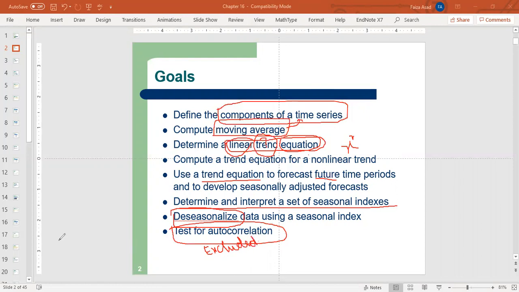In the next semester you will study this test for autocorrelation. It's basically used to test the assumptions of regression. One of the assumptions is that there is no autocorrelation. So, moving on to the next slide.